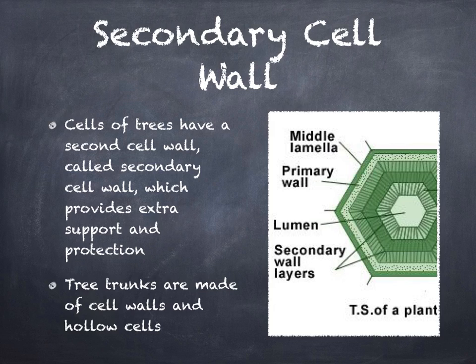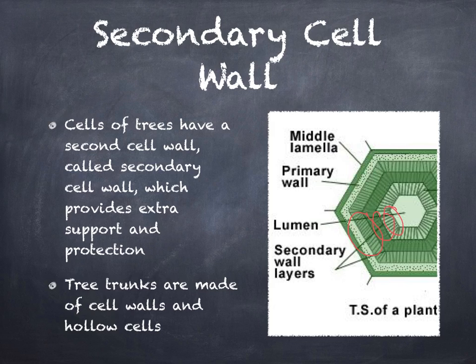Tree trunks are made of cell walls and hollow cells, so as years go on, rings form around the tree. And so the living cells basically are dead. There's still life in these too, but they are essentially going to die as the years progress.